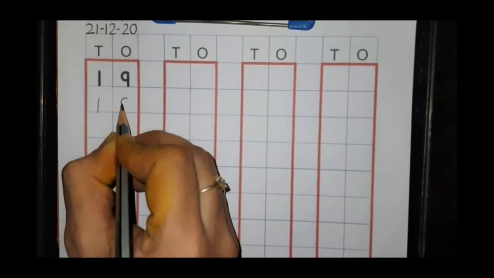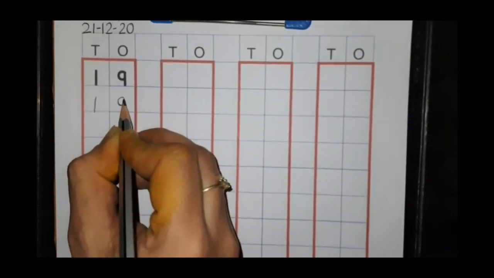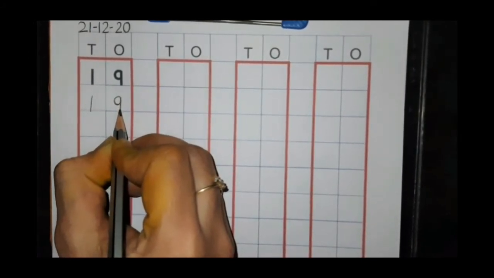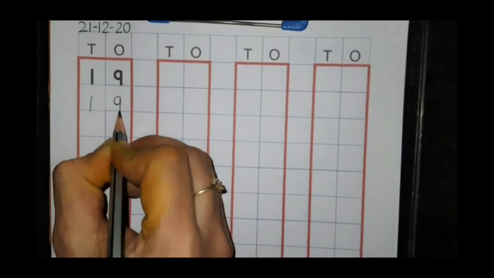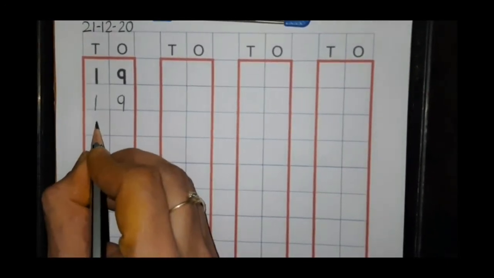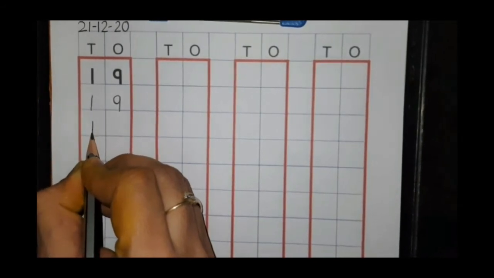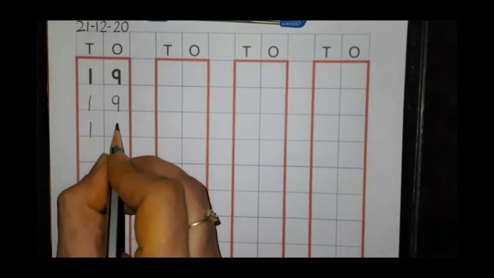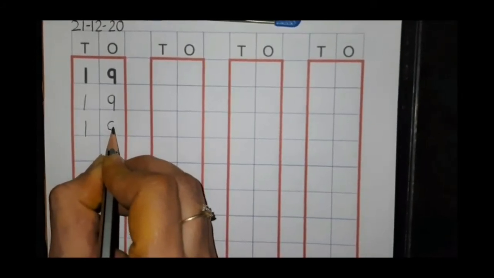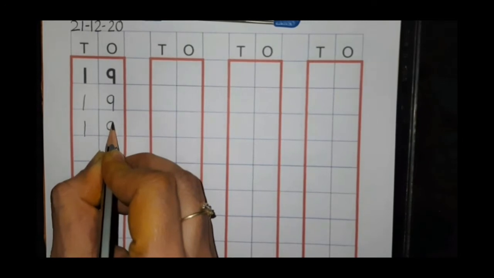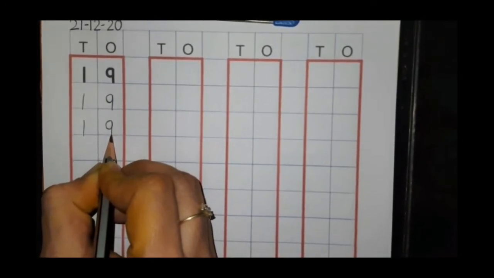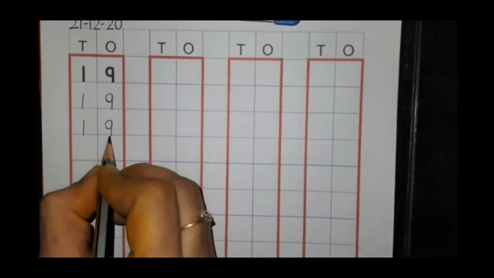C curve, go up, touch the curve and come down, standing, touch the bottom blue line. 1, 9, 19.